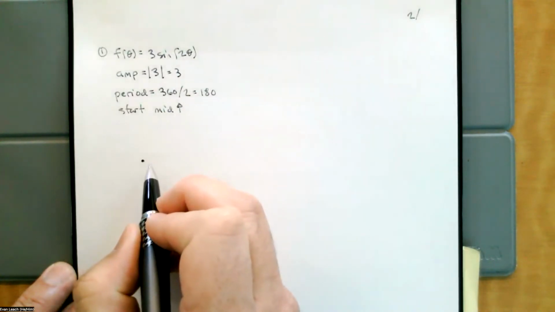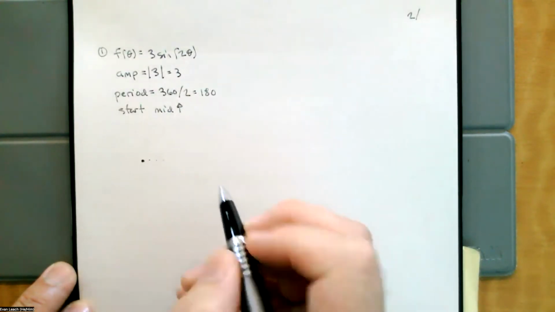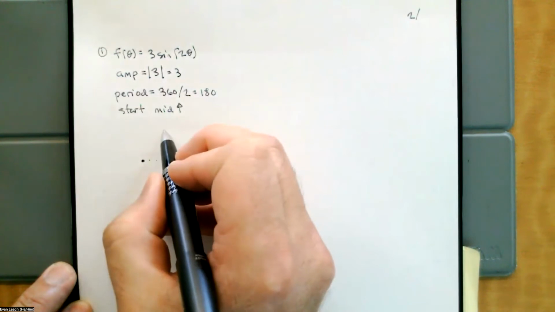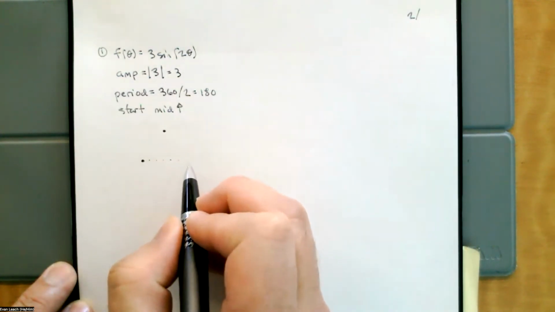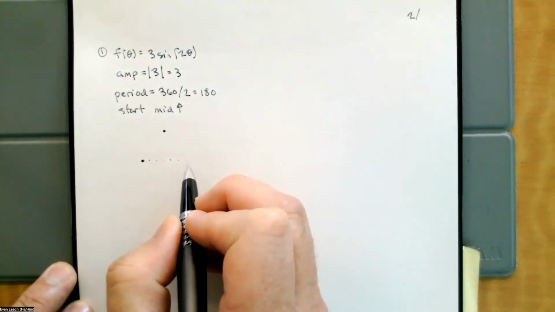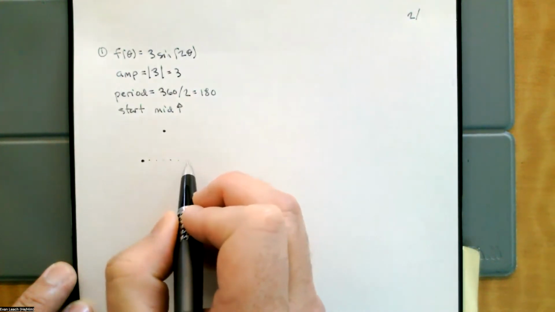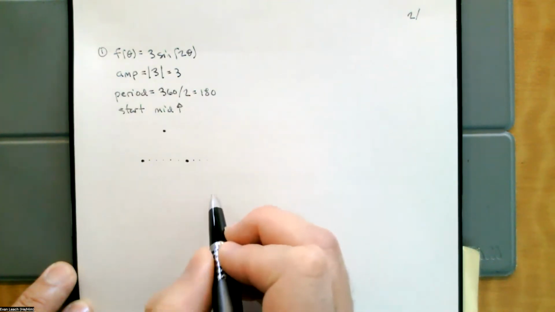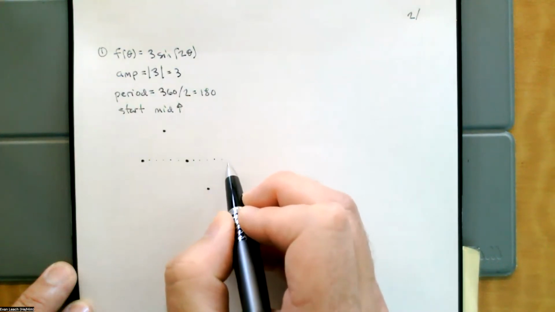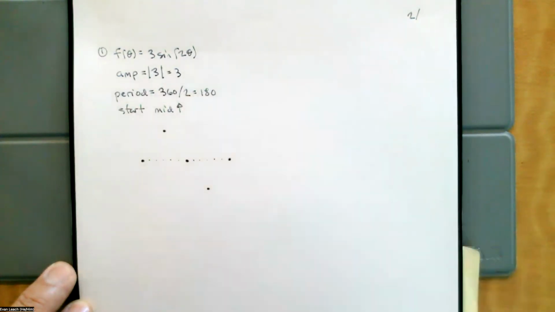And then I'm going to make sure that 1, 2, 3 dots later, I'm at the top. Make sure I could split that in half. Then 1, 2, 3 dots later, I'll be at the middle again. Then 1, 2, 3 dots later, we'll be at the bottom. So leave a half, then down. Then 1, 2, 3 dots, I'll be back at the middle.